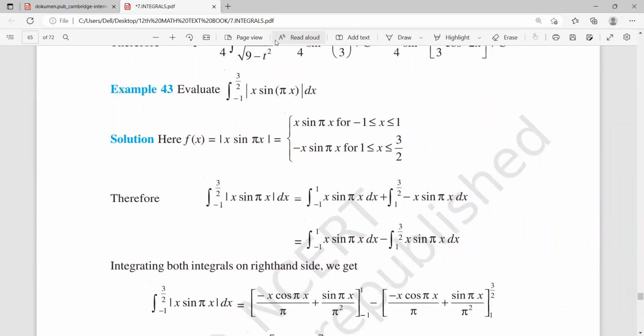Sir discussed few examples from before the 7.11 exercise, and I think he discussed the 44th question, but not the 43rd question.